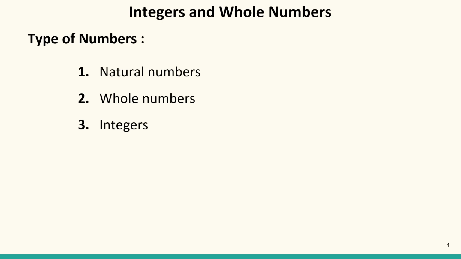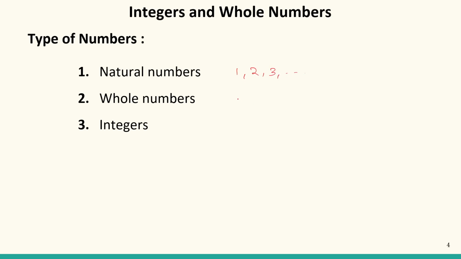How are numbers divided in general? There are three types of numbers: natural numbers, whole numbers, and integers. Let's explore each one. What is a natural number, what is a whole number, and what are integers? Natural numbers are the numbers that occur naturally, like 1, 2, 3, and so on.